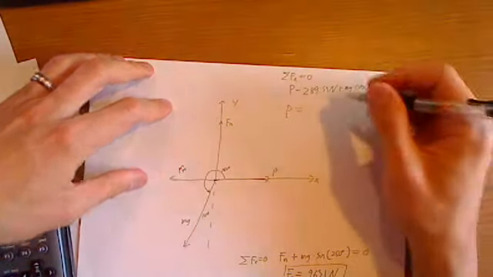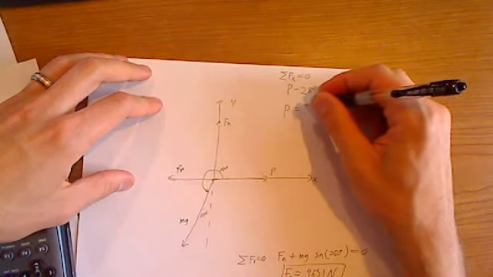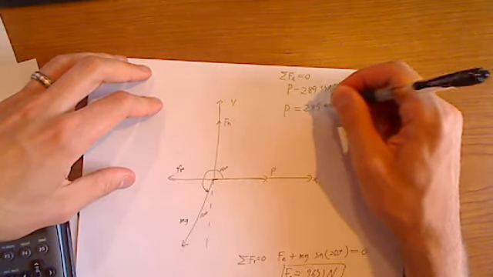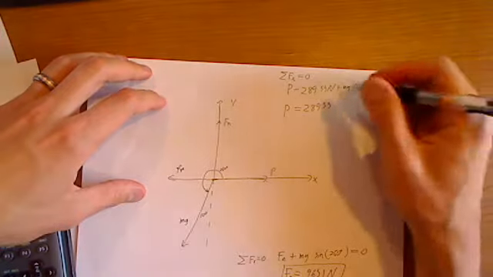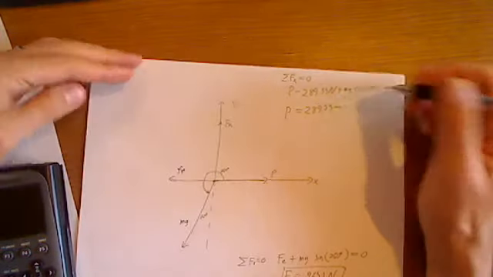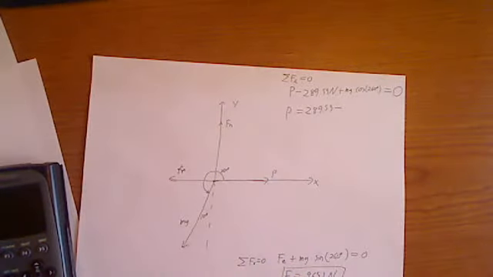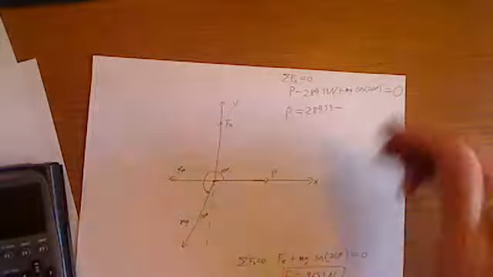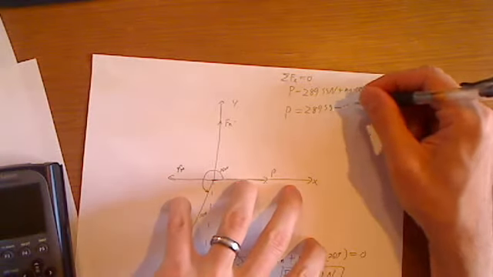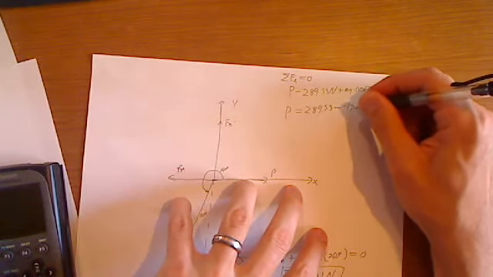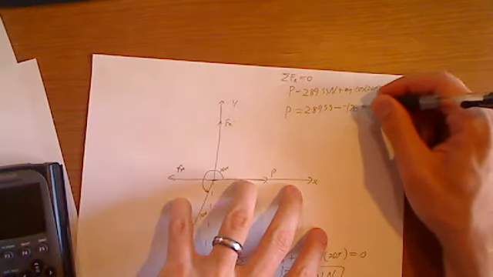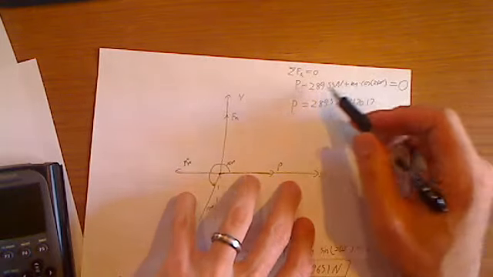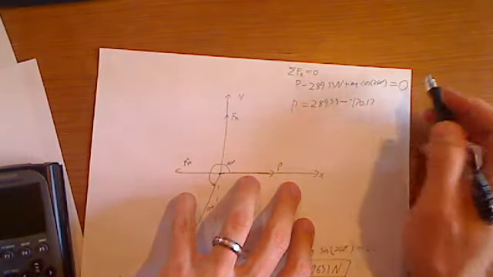P equals 289.53 minus, let's see, negative 170.17. So move this thing to the other side.